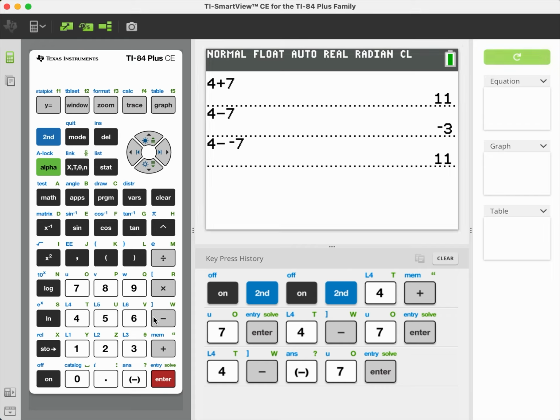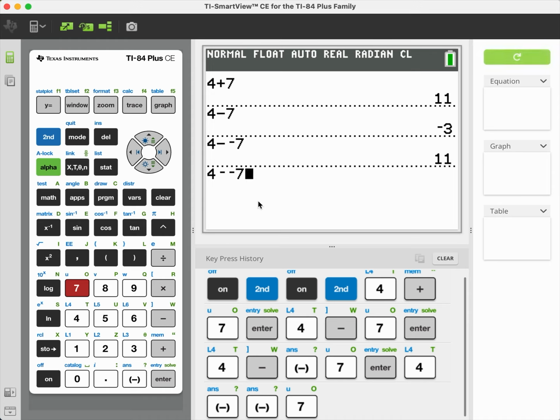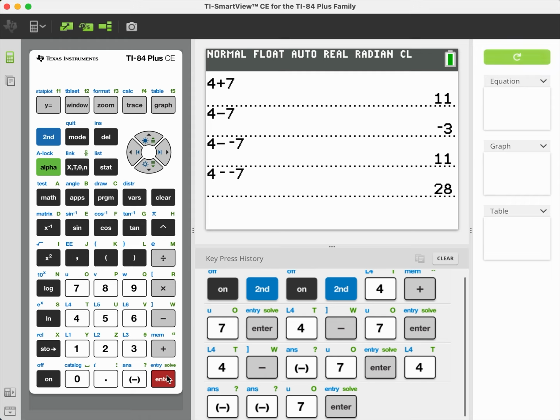Let's do a little bit more. What if I do 4 minus -7 and I meant a subtract? Let's see what happens. Press Enter. Well, that's 28. How can you get 28 from 4 times 7? You would have to multiply those two together, but I had 2 negatives in there. Well, okay. 2 negatives is -1 times -1.